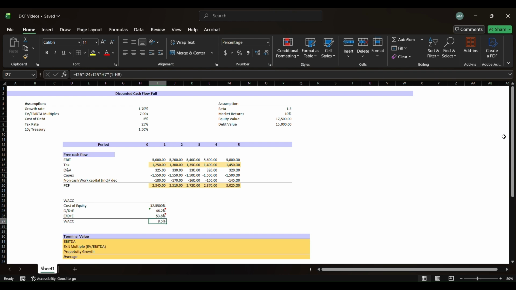So after combining the cost of equity and the after-tax cost of debt, the WACC comes out to approximately 8.5%. This rate reflects the company's overall risk profile and the capital structure.